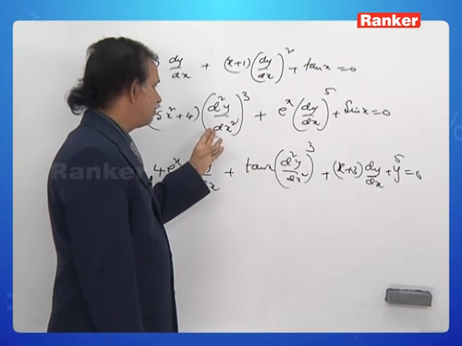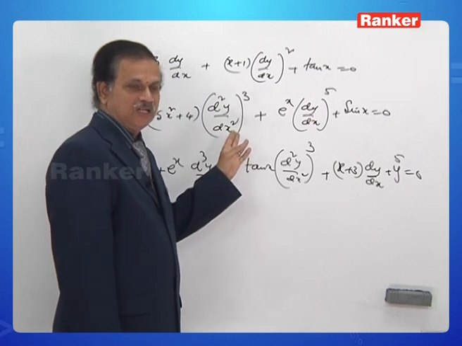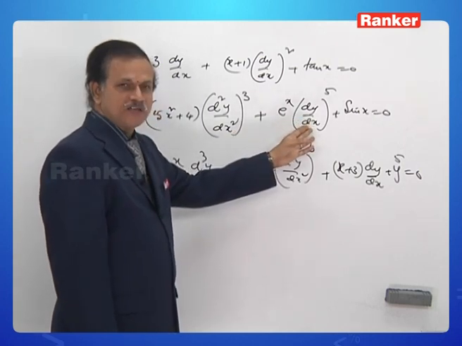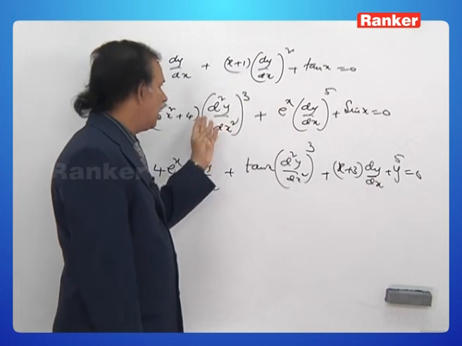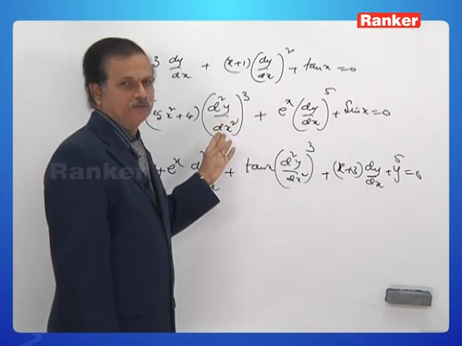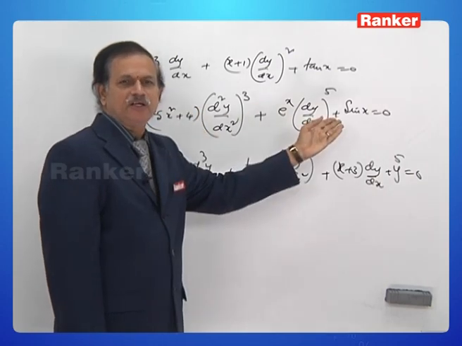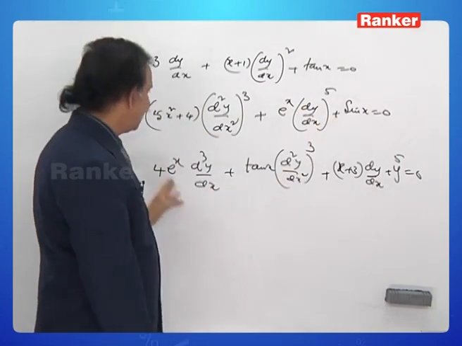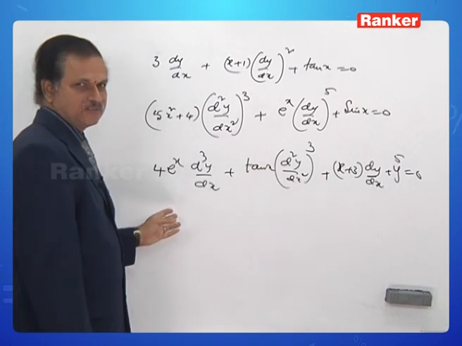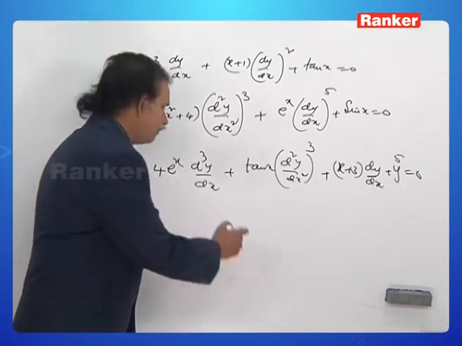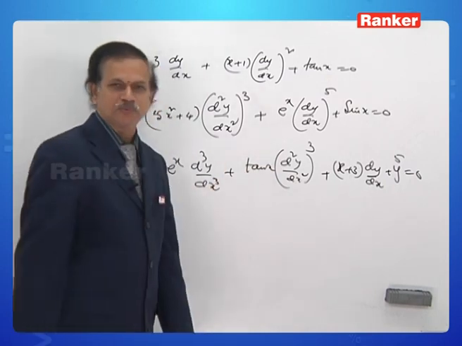Because d square y by dx square is also there. This is a first order derivative, and this is a second order derivative, hence the order of this differential equation is 2. Similarly, what is said about the order of this differential equation? 3. Why? Because a third order derivative is present.